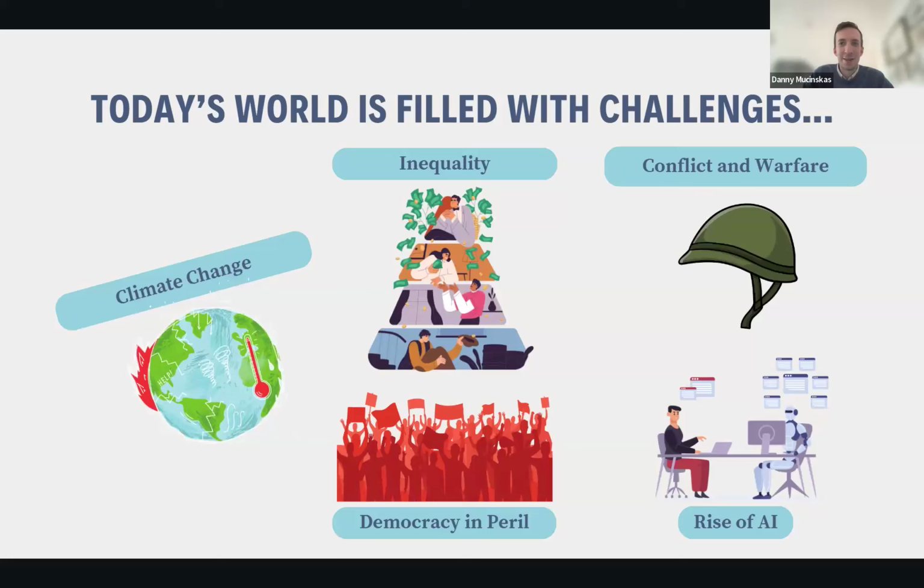So we know that today's world is filled with many different challenges, and these are probably familiar to most of us. We have trends like climate change that's affecting the world. Inequality is rising, particularly economic inequality in many places. There's conflict and warfare that's been very vivid over the past few years.